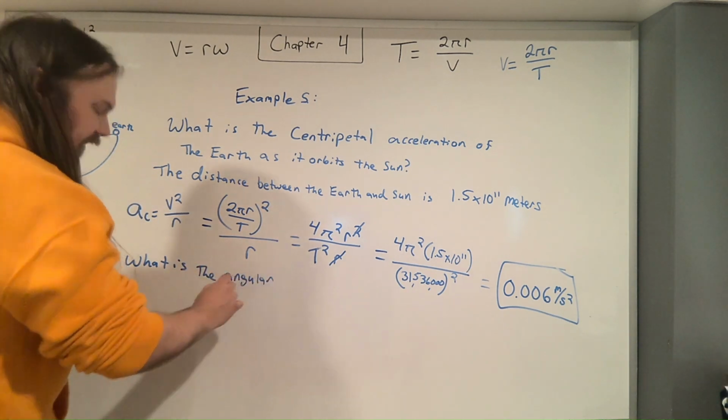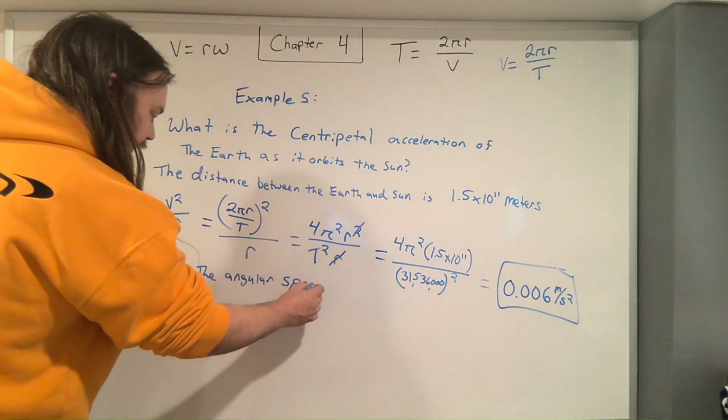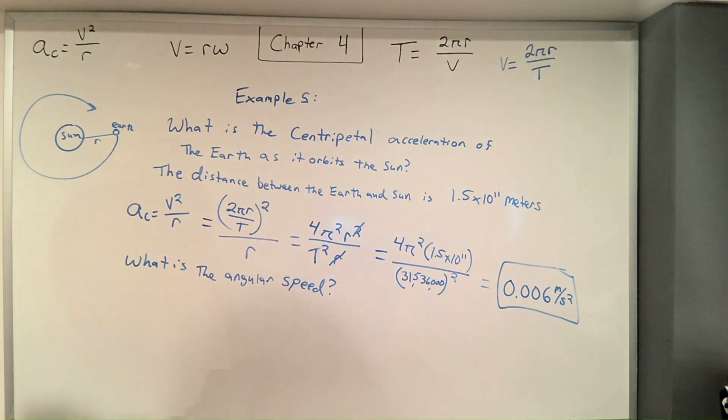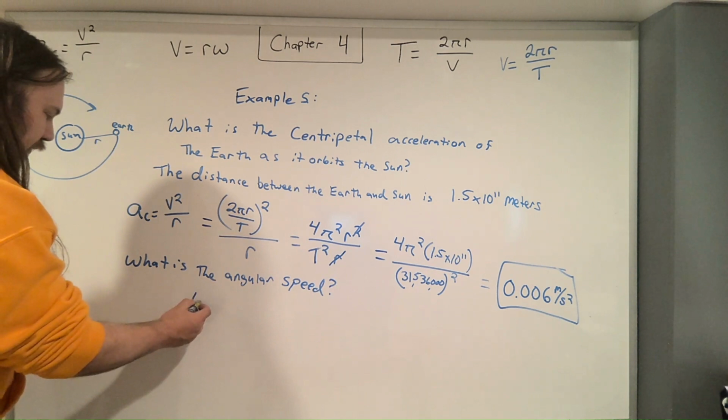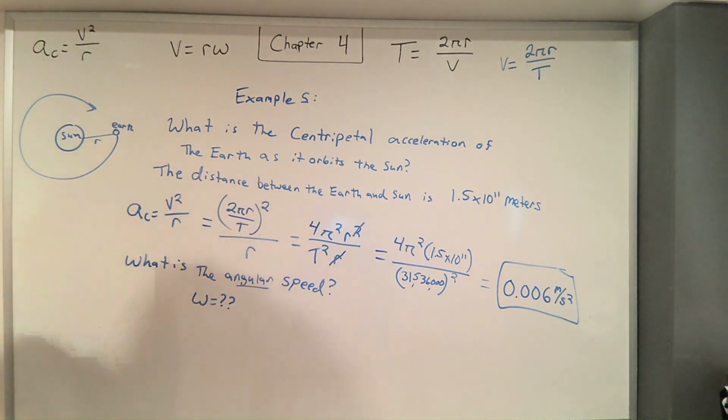Angular is special. It means that we need to be talking about angles and not linear. So what is the angular speed of the Earth? Okay. So in this one, it's looking for W, because it has angular in front of it. It's looking for W, the omega. What is the angular speed of the Earth?